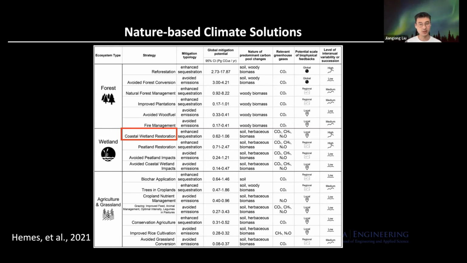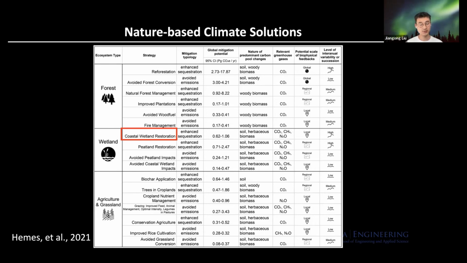But we really saw slow progress on this. And in this case, if we still want to keep the temperature increase under 1.5 degrees C, then we need to do some complementary work, except for the reduction in fossil fuel burning.